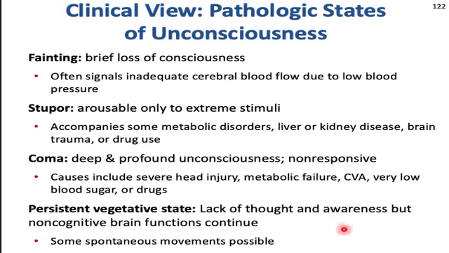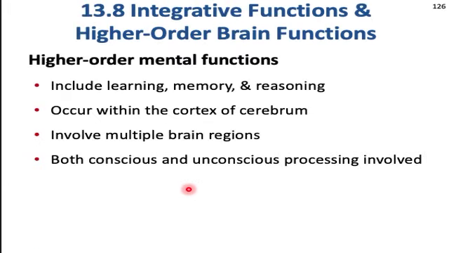And sometimes you can have spontaneous movement in the persistent vegetative state. There have been tales of people who've been in a coma for years and have awoken from it, okay? So it's very hard to understand in some cases how this comes about and how this stops. We do know that damage to the reticular activating system can induce coma, okay?